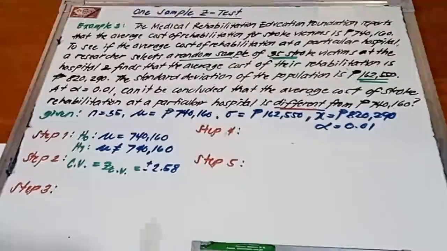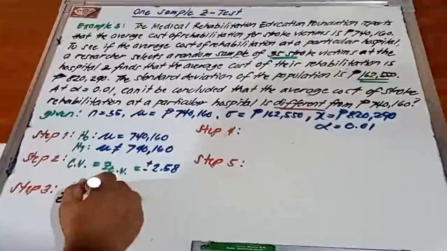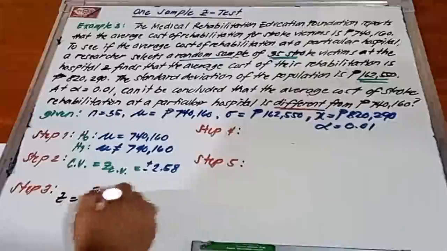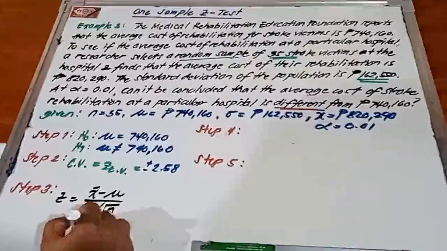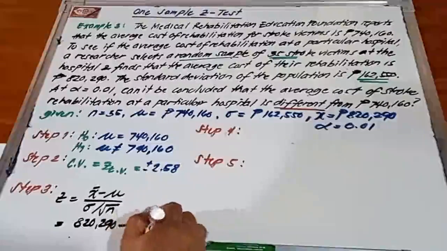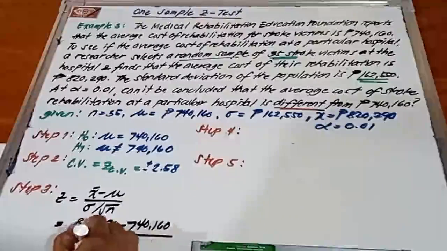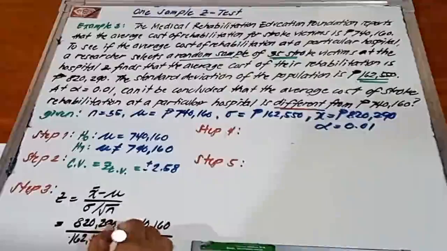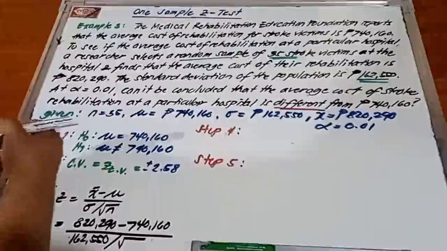And for our third step, we're going to compute for the Z value. Ito yung computed z-value. So we're going to use the formula z equals x bar minus mu divided by sigma over square root of n. Substitute, we have 820,290 minus 740,160 divided by 162,550 divided by square root of sample size is 35.